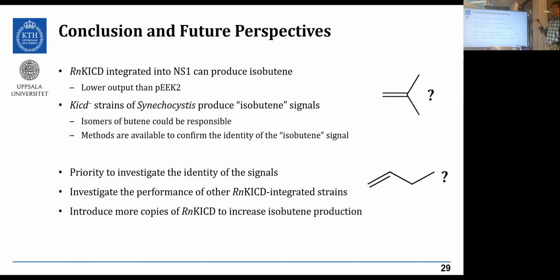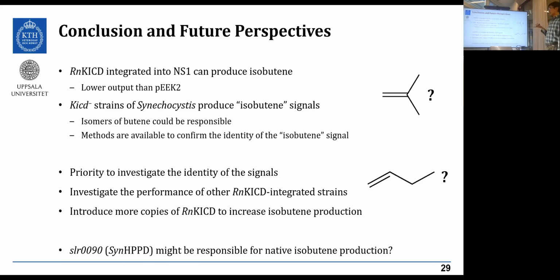For future study, the top priority is to investigate the identity of this signal. Once we confirm that it's not isobutene and it can be separated, we can investigate the performance of other KICD integrated strains that I have prepared in this study. After that, we can introduce more copies of RNKD to increase isobutene production.